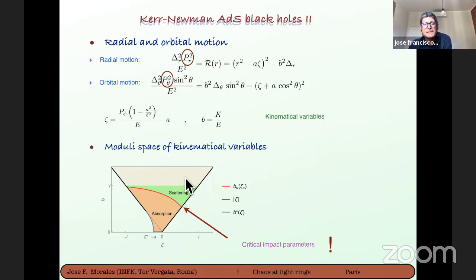There is a region that you cannot reach from infinity, but still you can make a scattering from a finite point in AdS to another finite point. And the region that we are interested in is this red line, the line of critical impact parameter. It's here where the black hole photosphere is reached by the geodesics.